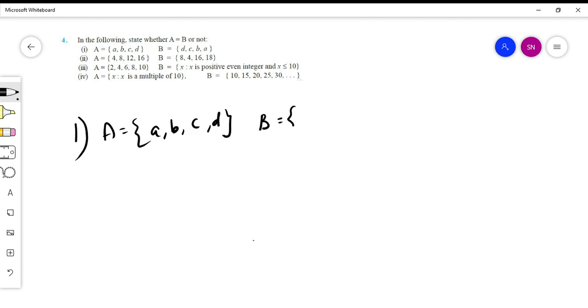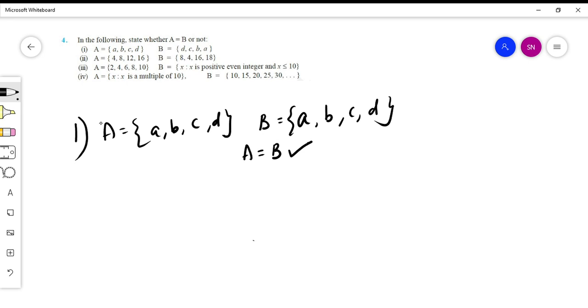If I remove the jumbled format and write it, again I will get A, B, C, D. So set A has A, B, C, D, set B also has A, B, C, D, which means set A is equal to set B.